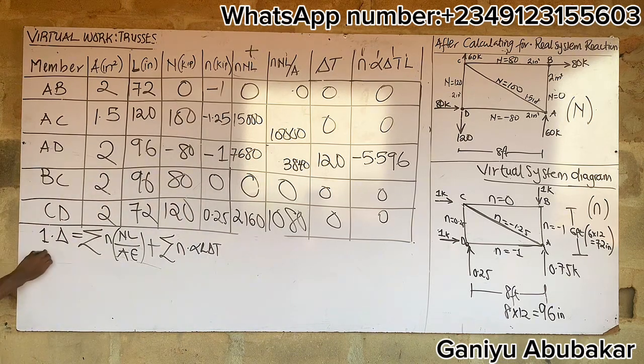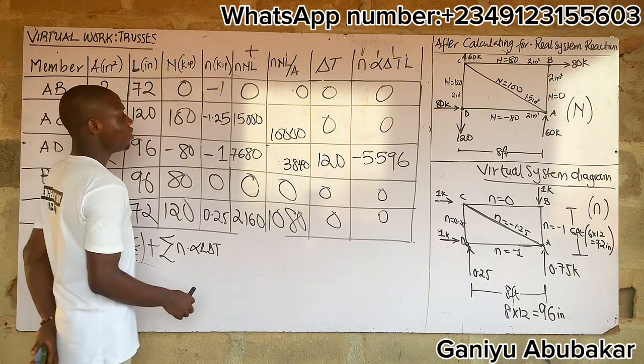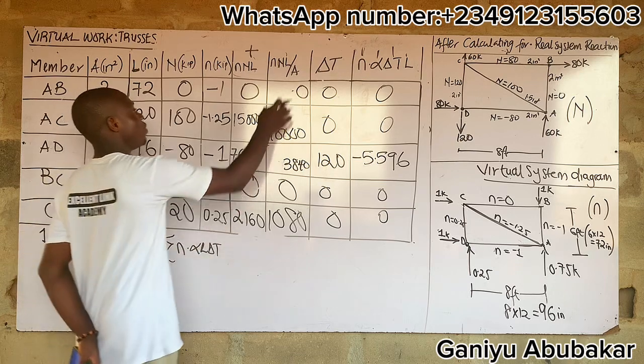So we said this becomes 1 dot change at C, that is the change at joint C, equal to, observe please, let's add this value here together.